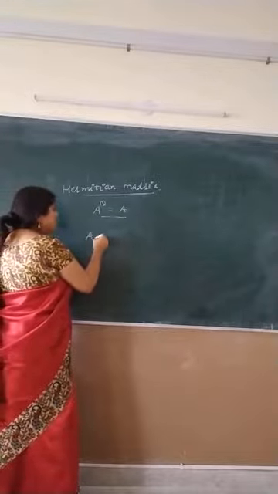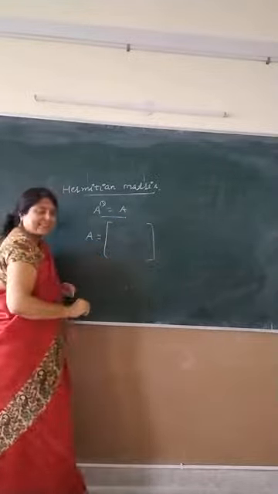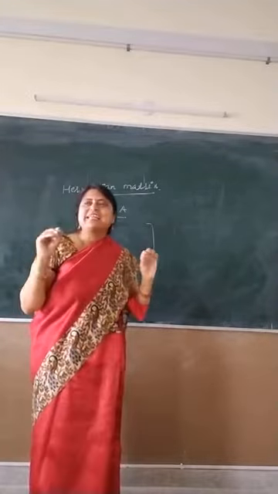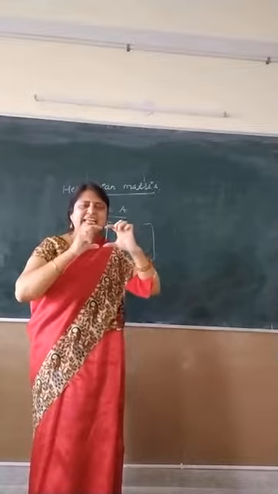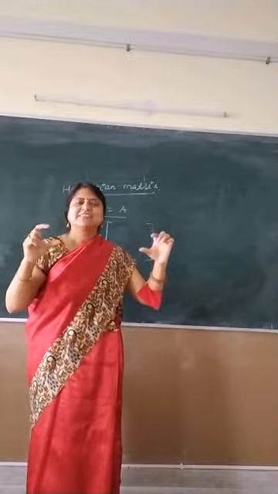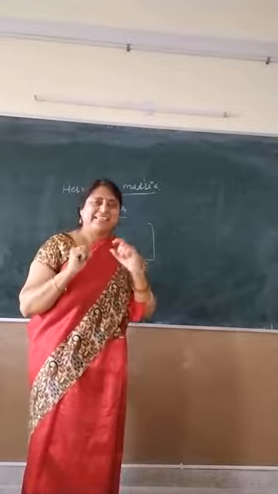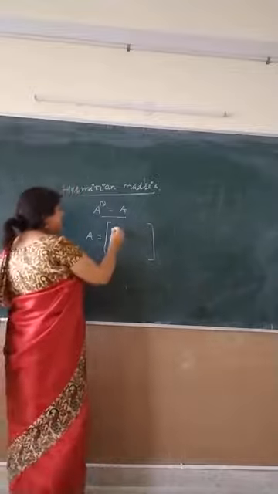First of all students, Hermitian matrix is a square matrix. Remember one thing. When you write a Hermitian matrix, all diagonal entries should be real. Right? Now I am writing here 1.